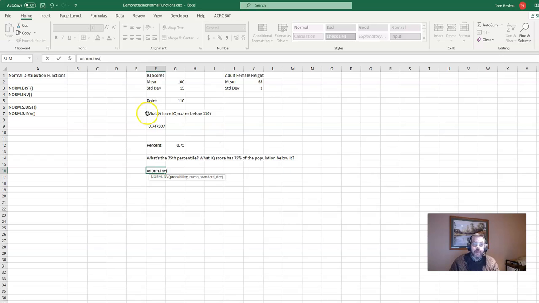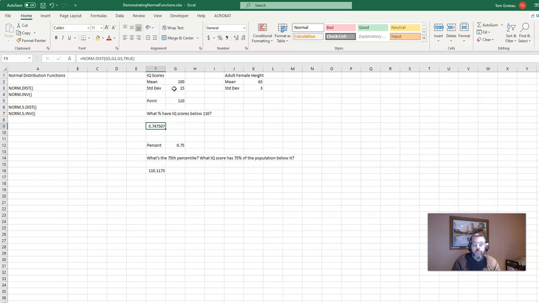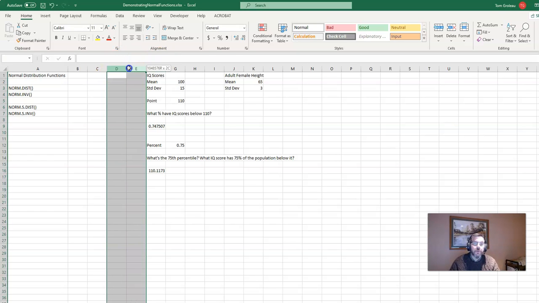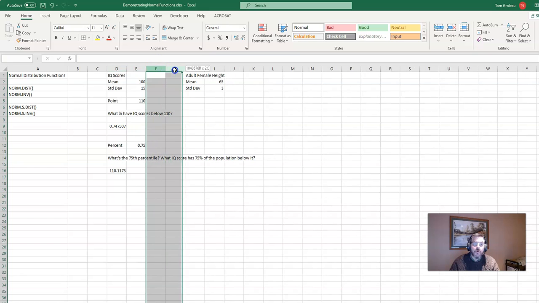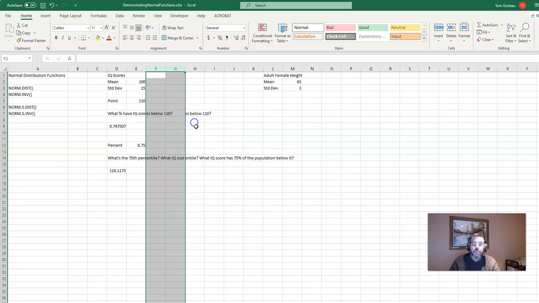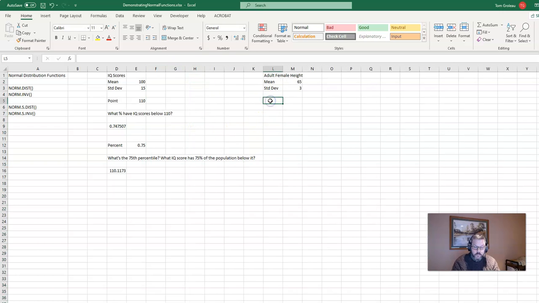You go from the probability, which is right here, to the distribution. If you want to put it into percents, you can, or not. Let's put a little space in here. To a point.